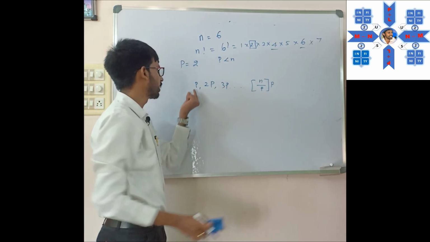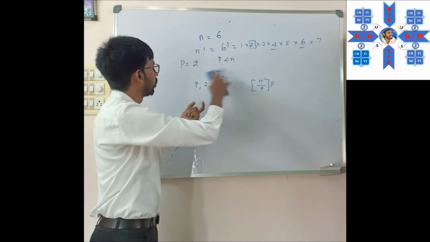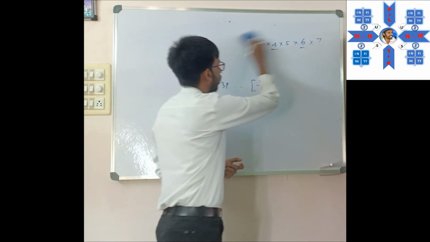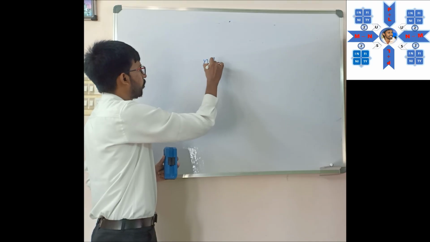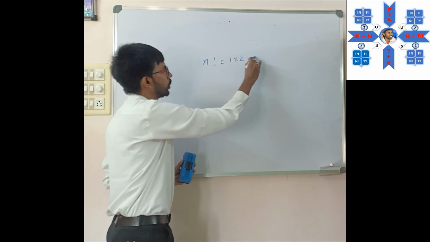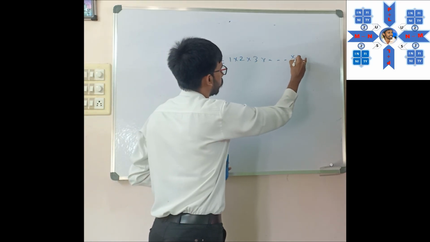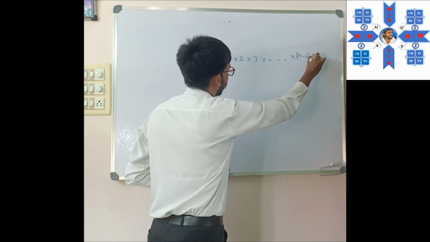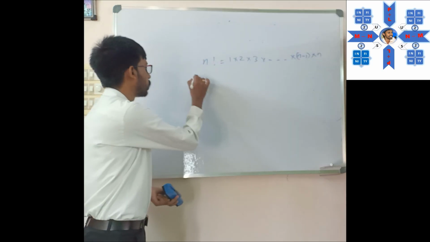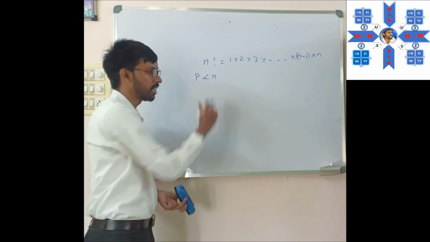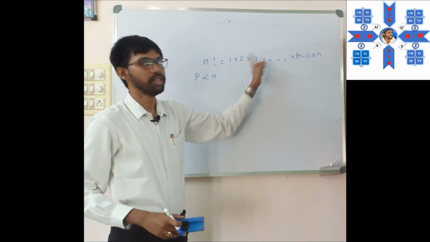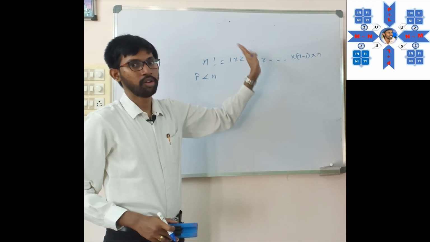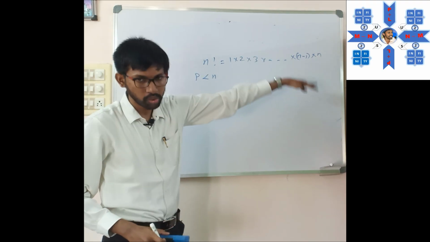In general, we have taken 6 and p equal to 2 for our convenience. If n factorial is expressed as 1 into 2 into 3 into etc. into n minus 1 into n, and we choose some p which is strictly less than n, p will for sure be a prime within this, and there will obviously be its multiples also.